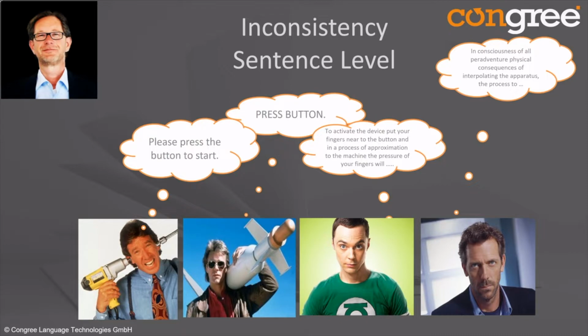Of course, the content these gentlemen will create sounds different, even if they write about one and the same thing. On the sentence level, one and the same thing, for instance, described by Sheldon Cooper, will be described very much in detail. But if we take a look at MacGyver, he will not waste too many words. Probably he will get straight to the point of what needs to be said.